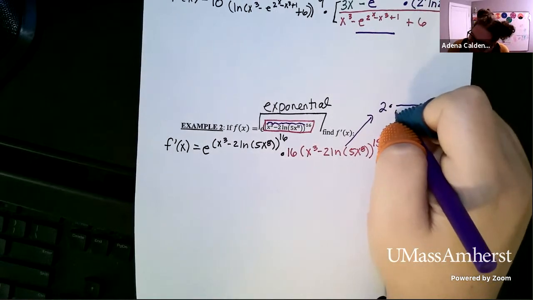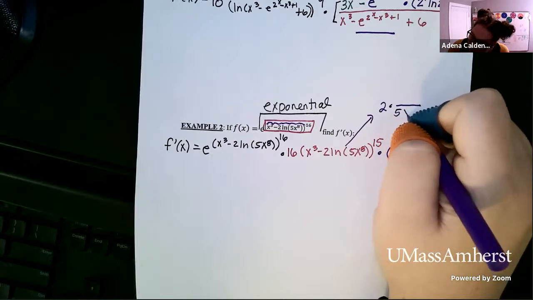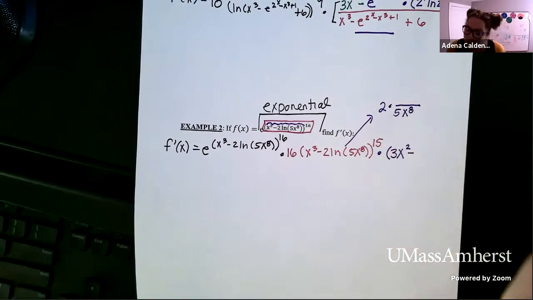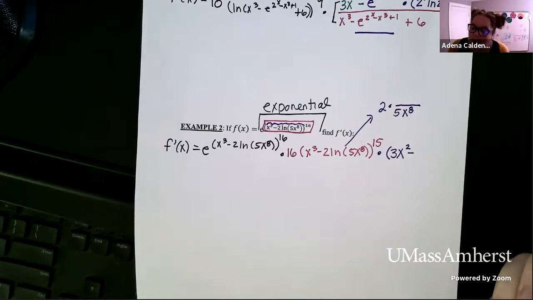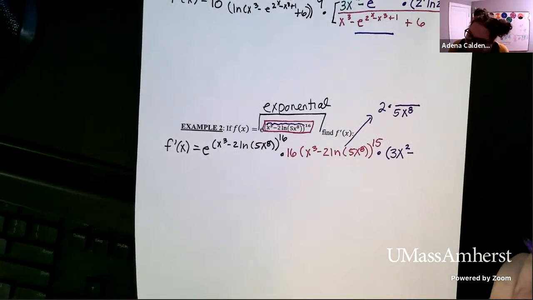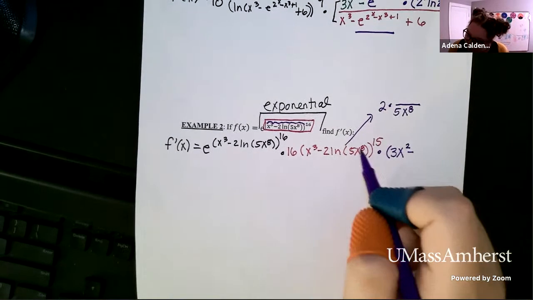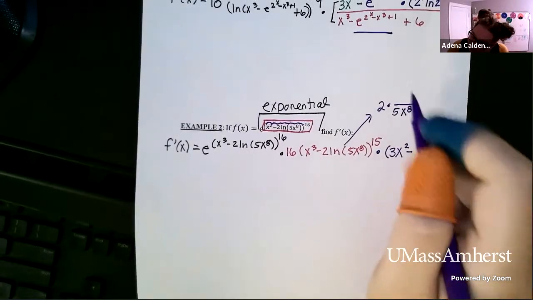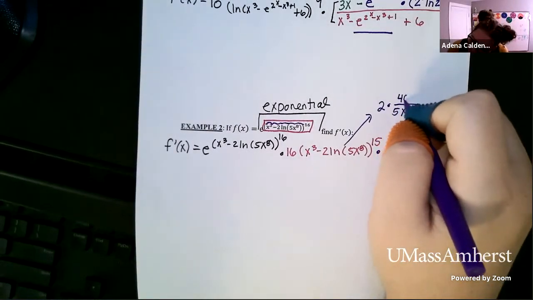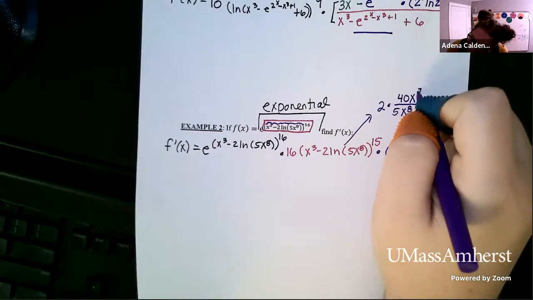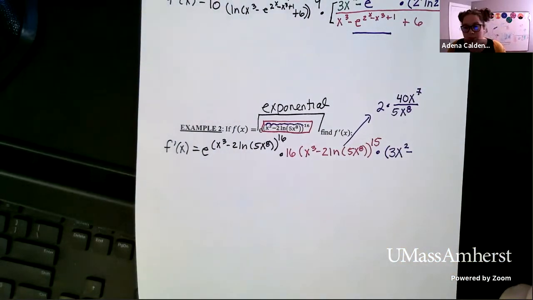So I remember that whatever is in the argument, I can do 1 over that. But I have to remember to multiply that by the derivative of that term. So the derivative of 5x to the 8th is 40x to the 7th.